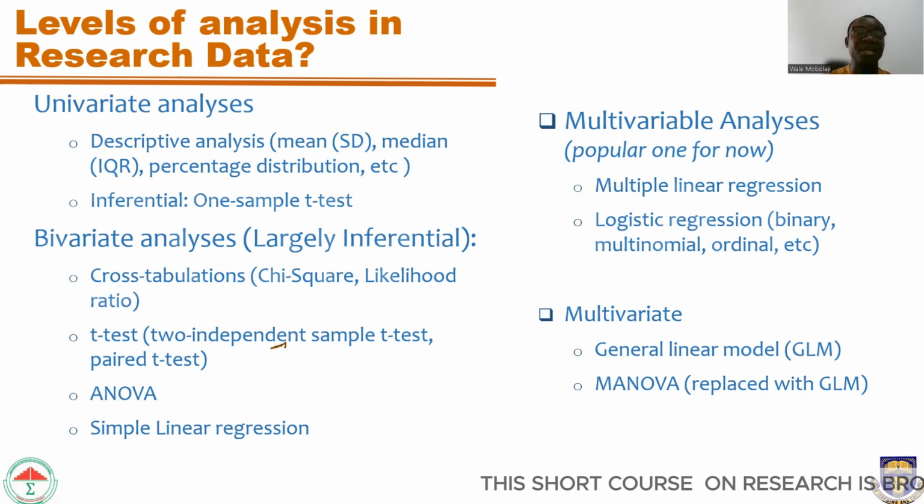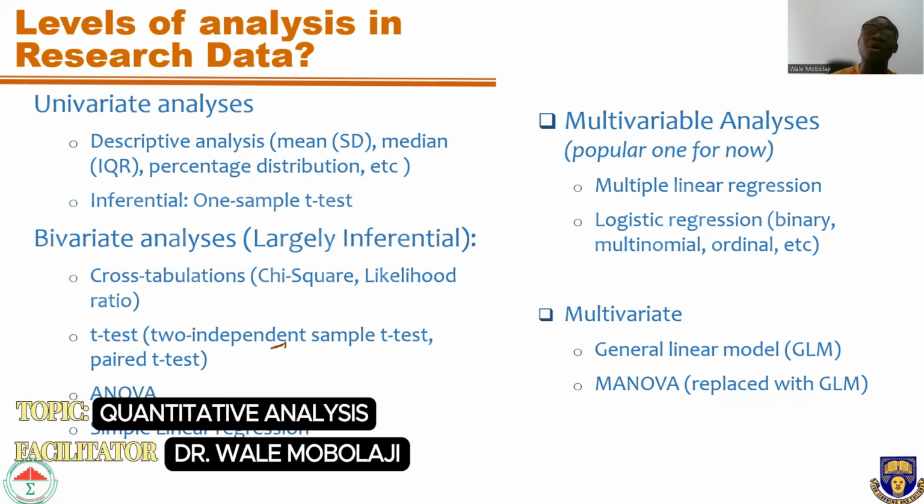A good example is standard deviation. Then you could also look at median. Median is the non-parametric alternative for mean. So you might want to do that if you discover that your data is not normally distributed. And then you want to look at percentage distribution, which is part of the descriptive analysis.